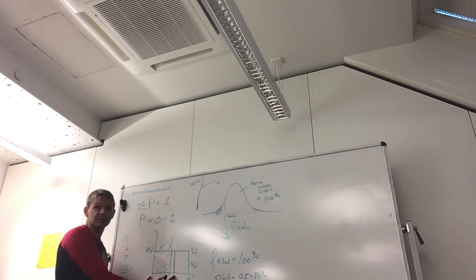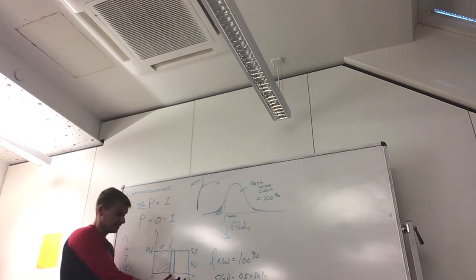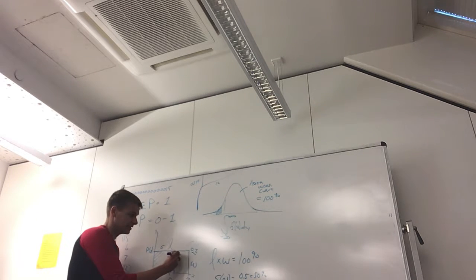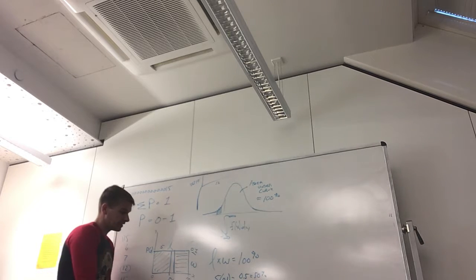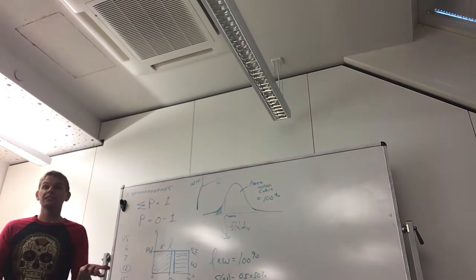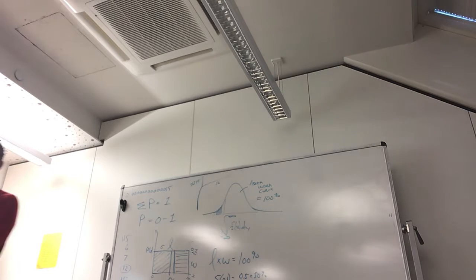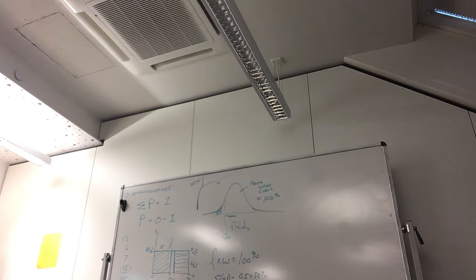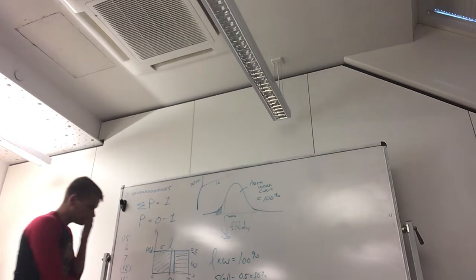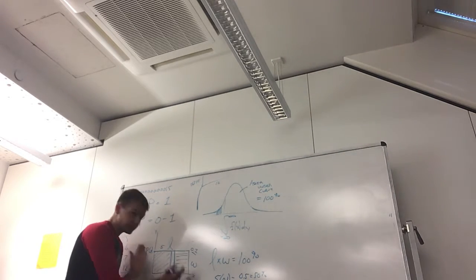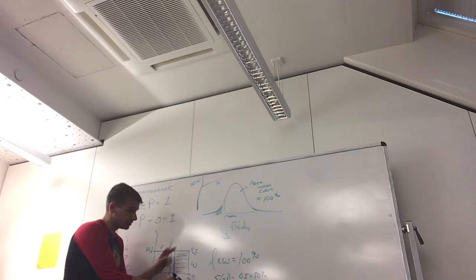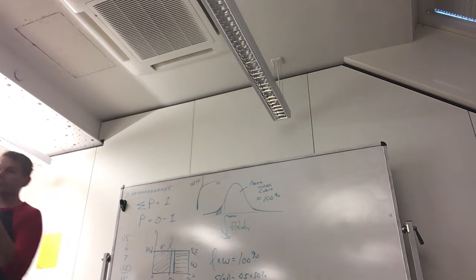Because 6 would be from here to here, so it'd be 4. I want greater than 6. Oh, I see. So in this case, it would be 4 times 0.1, which would be 40%. If you had to wait more than 6 minutes, we come over to the rectangle, put where 6 is, and then shade which side you want. We want this side, so that would be 10 minus 6 is 4. 4 times 0.1 gets me to 40%.